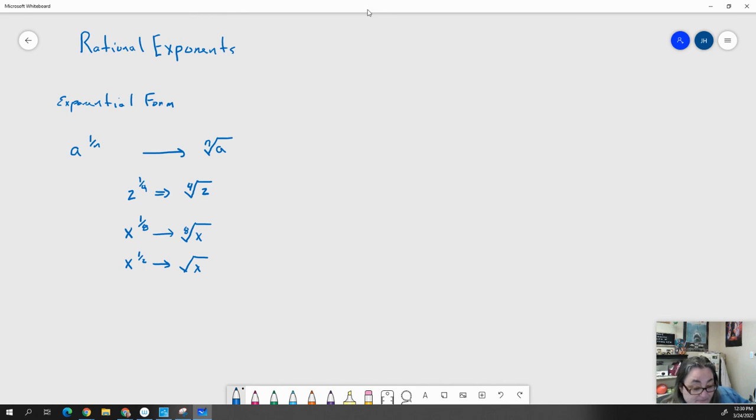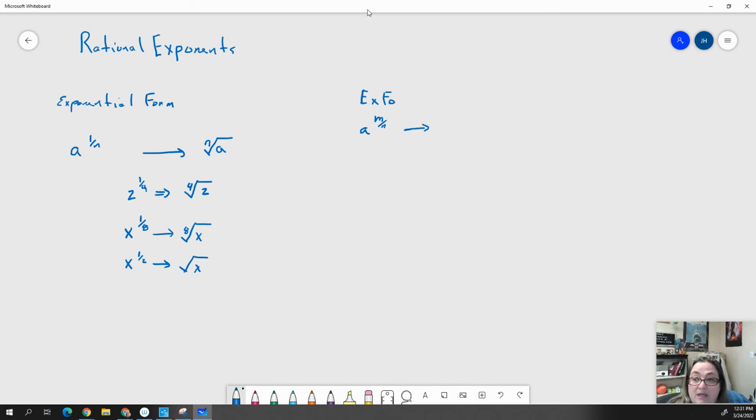So the next bit should make some sense as well. If I have the exponential form of a to the power of m over n, notice here our numerator is just 1. Here our numerator is m.